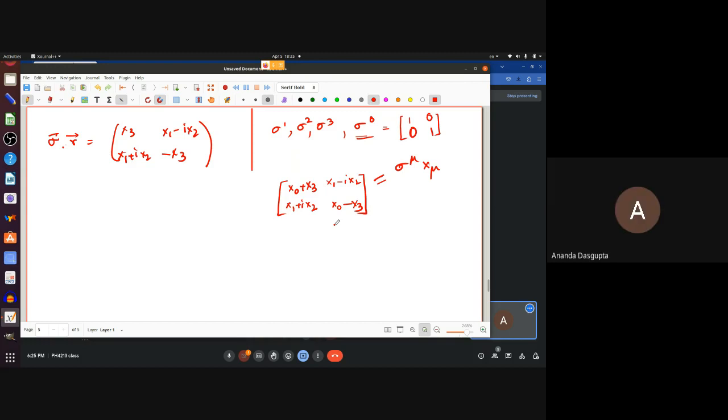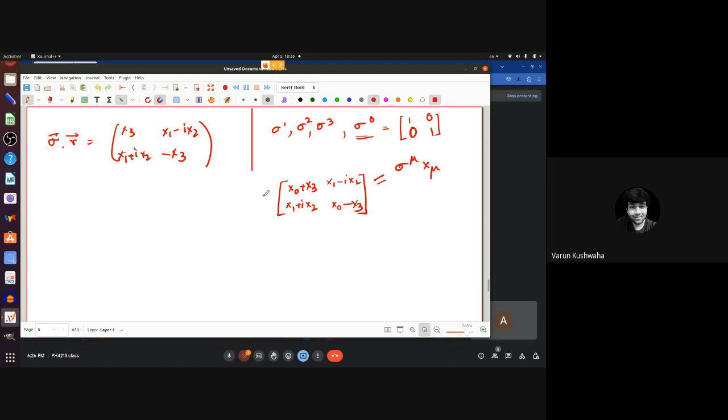But now notice one thing. The determinant of this matrix is x0 squared minus x1 squared minus x2 squared minus x3 squared. Does that remind you of something? The Minkowski metric. Well, not the Minkowski metric, but the invariant under Lorentz transformations.